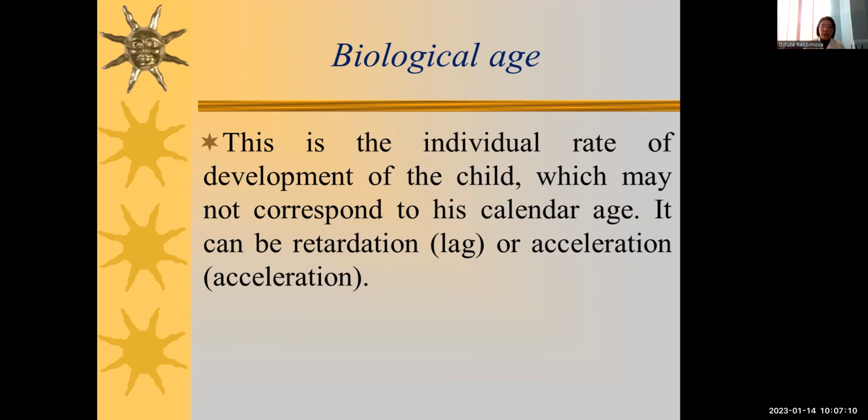What is biological age? This is the individual rate of development of the child, which may not correspond to his calendar age. It can be retardation in cases of disorders and diseases, or maybe acceleration. Acceleration is very typical for our days.